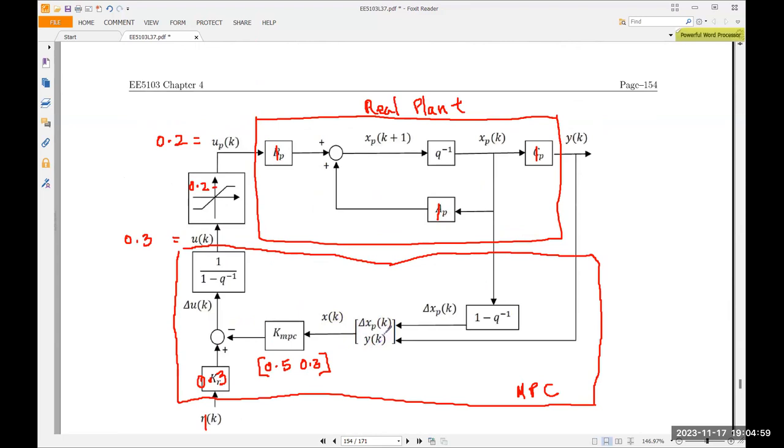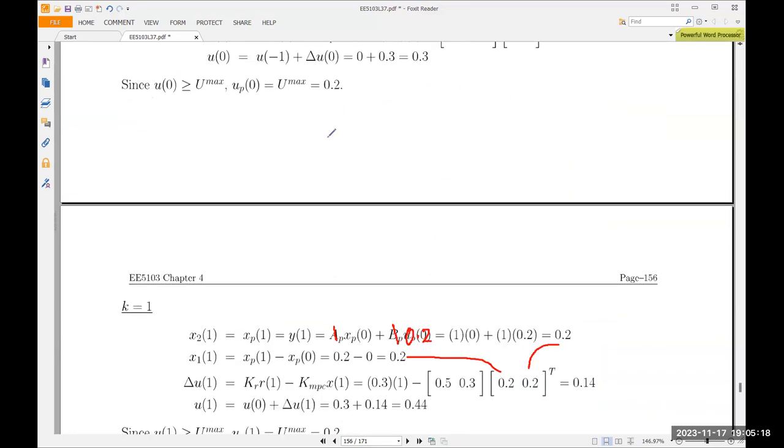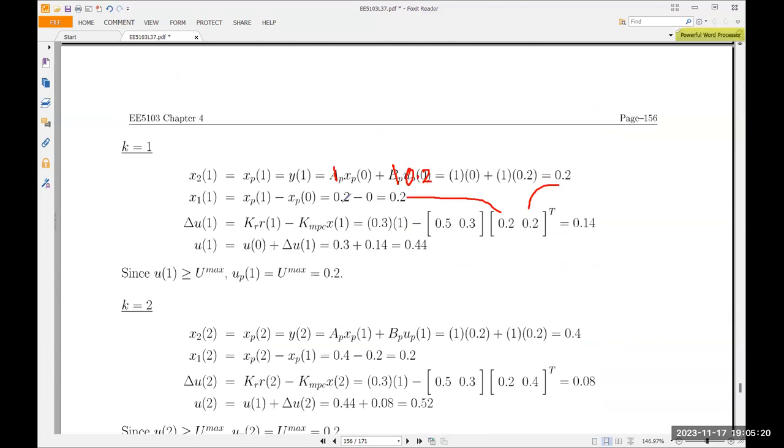Y is 0.2, delta xp is 0.2, so it's 0.2, 0.2. If 0.3 went inside here, then what comes out would be different. But since you calculated 0.3, but what really goes inside here is 0.2, so what comes out is a result of this 0.2. So I think the idea is clear.